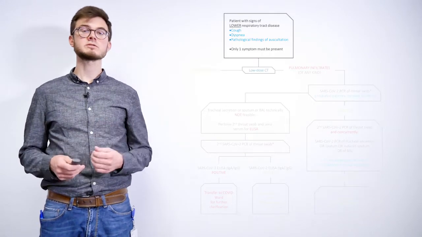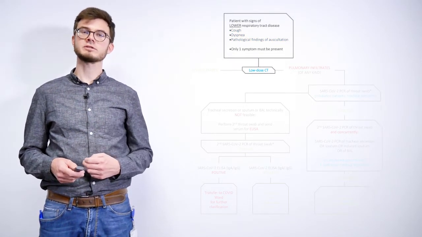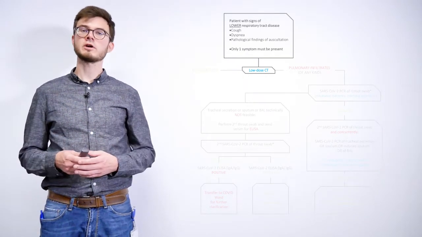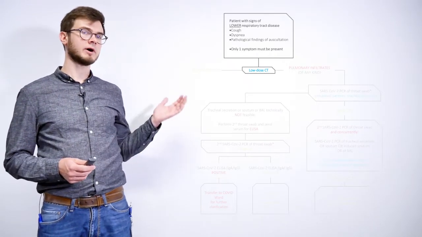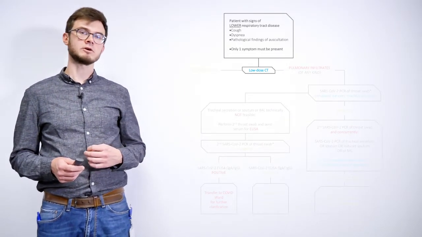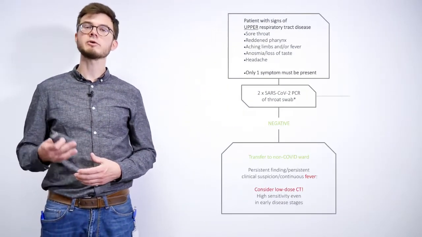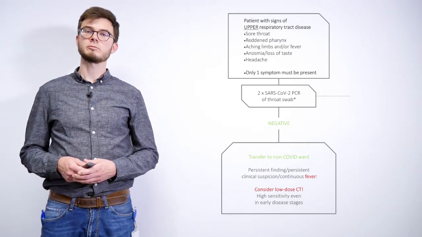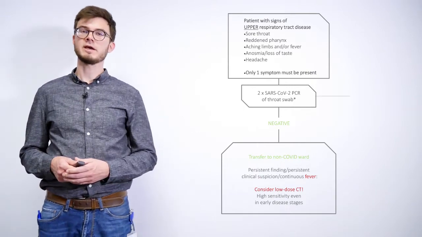In these patients, we already include a low-dose chest CT in our initial diagnostic workup. And if we find no infiltration at all on this low-dose CT, we end up at the same part which I explained a few minutes ago on the left side of this flow diagram, and only perform throat swabs for SARS-CoV-2, which we send to virology for PCR, and then continue as described.